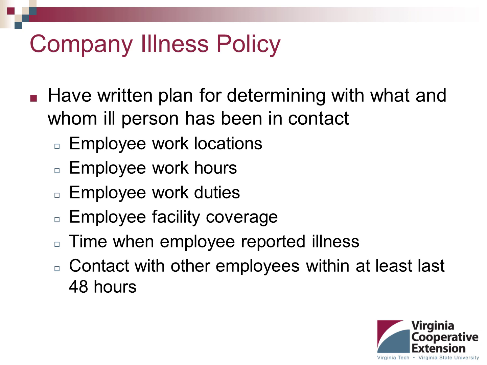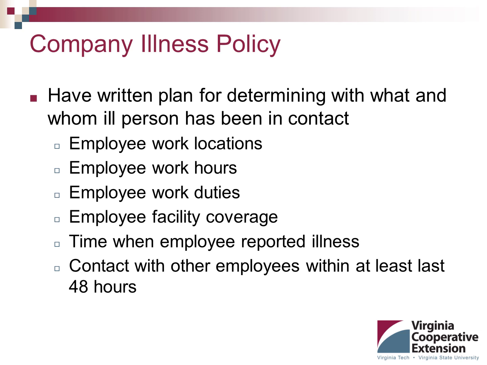It is important, though, if you have identified an individual, that you have a written question and answer sheet that asks certain questions so you can track the employee's work location, the ill employee's work hours, and their work duties, so you know what rooms or parts of the facility they've come in contact with.